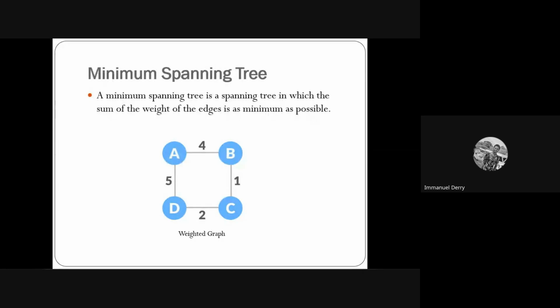So now think about it. If you are given an exam and asked to find the minimum spanning tree, what is the approach? How do you go about it? Anybody? Let's assume we are given this particular tree here with the weights and asked to find the minimum spanning tree. How do you go about it?